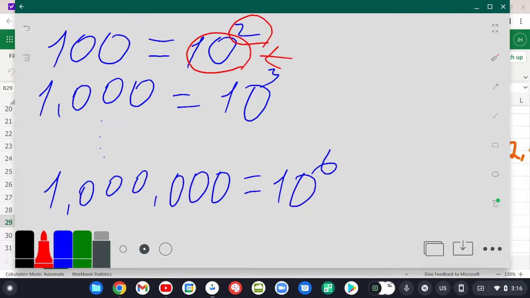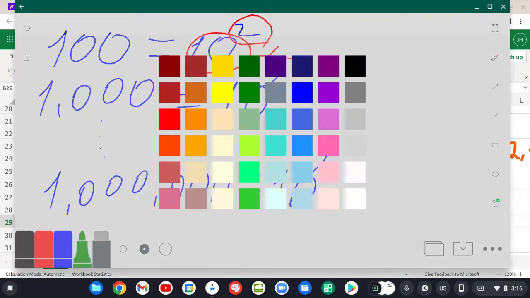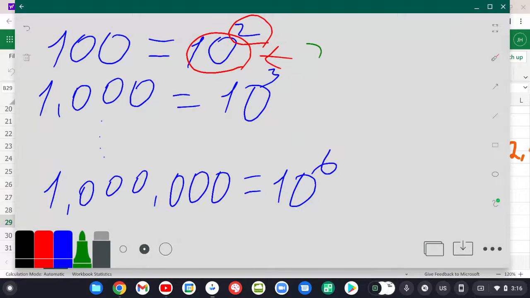Now, we can write these numbers again, in log. Log is basically using 10 as the base.